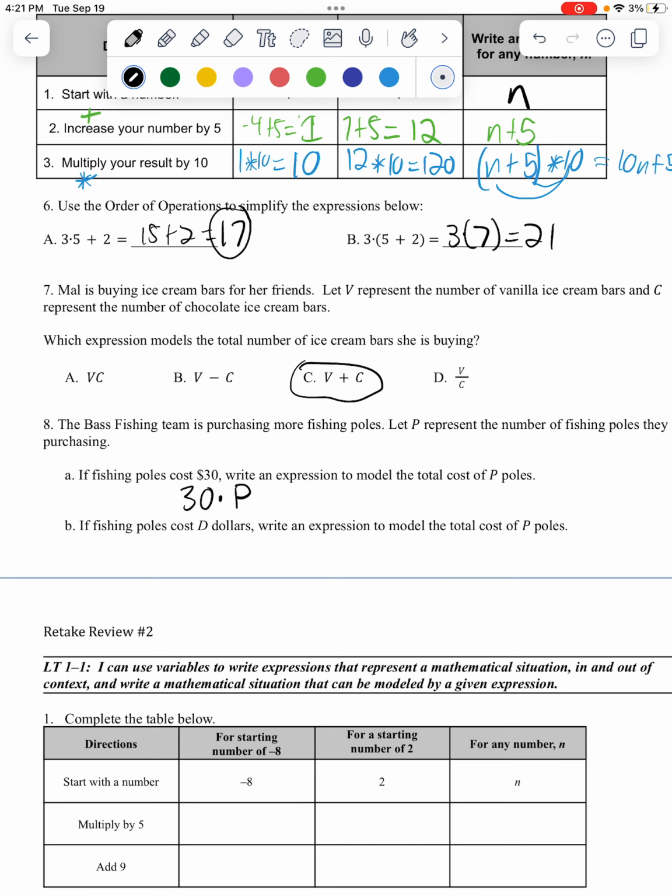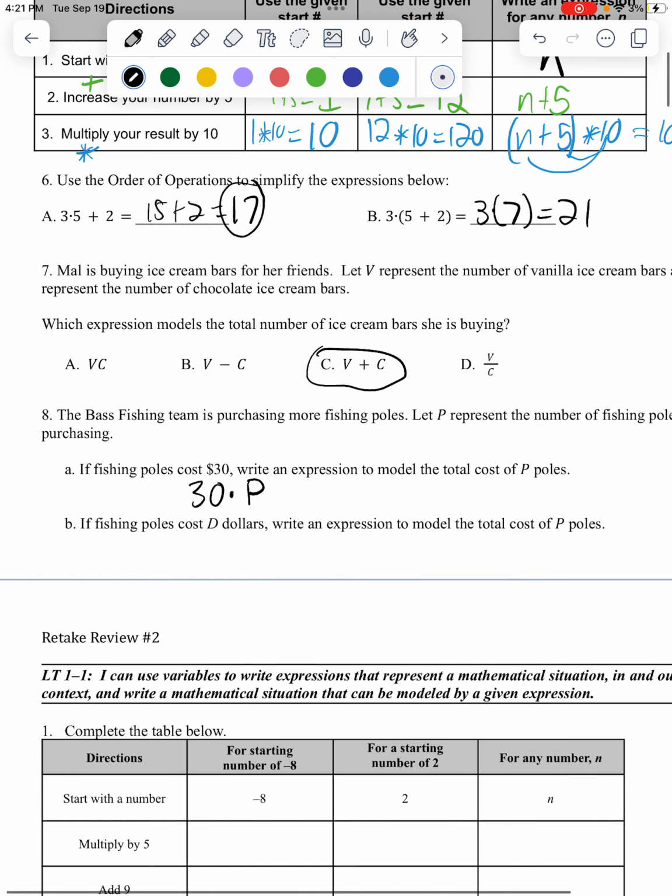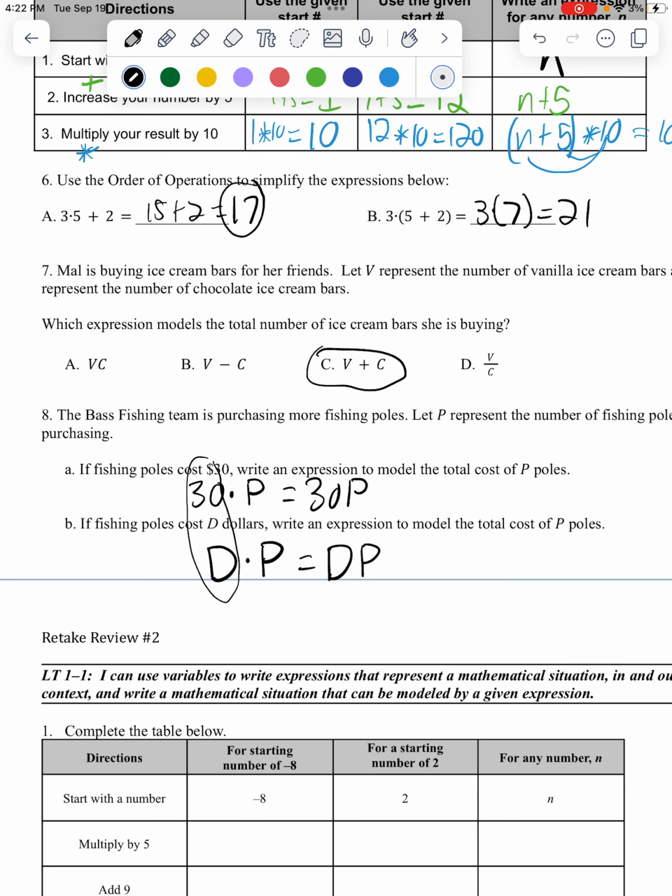That's multiplication. Even though you're adding 30 each time, this would be 30 times P, or 30P. If fishing poles cost D dollars, well, instead of costing $30, they cost D. Notice how this would be D times P, or DP. The only thing that makes the difference is that the dollars is D instead of 30.